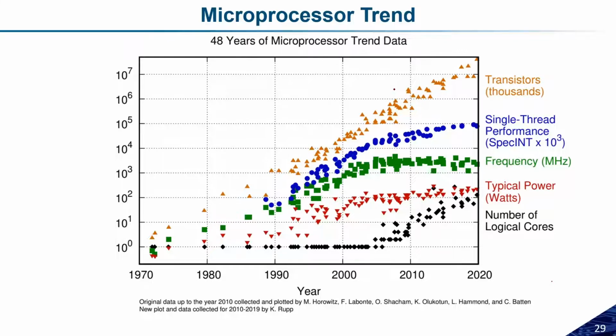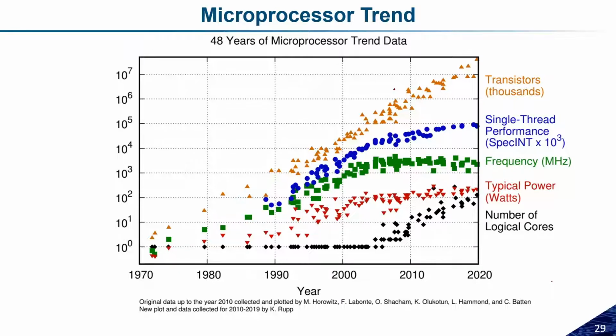From 1970, when ICs started being fabricated, n number of different processors have been fabricated with different features, properties, activities, and functionalities. But once they are fabricated, they have different kinds of constraints, like the number of transistors, number of threads, operating frequency, typical power, and the number of logical cores.